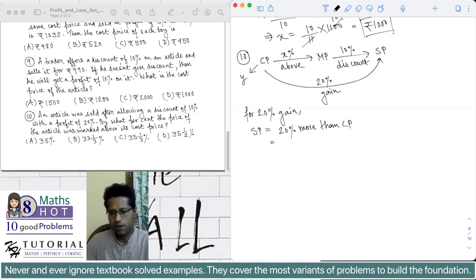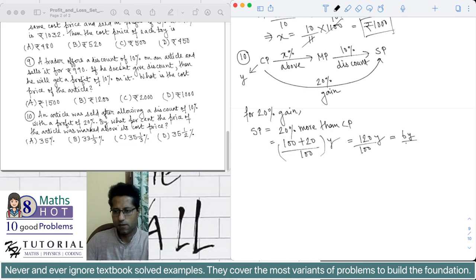This is equal to 20% more than CP, meaning 100 plus 20 divided by 100 multiplied by CP, which we have assumed to be Y. This is equal to 120 by 100 multiplied by Y, and after simplification is 6Y by 5. So we have got SP from CP based on the fact that there is a profit of 20%.